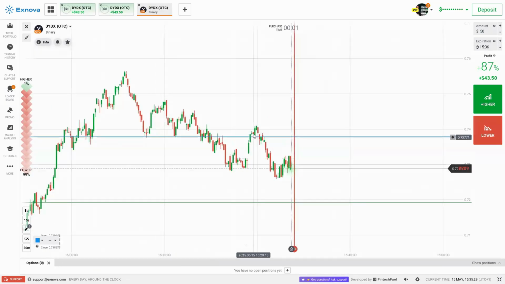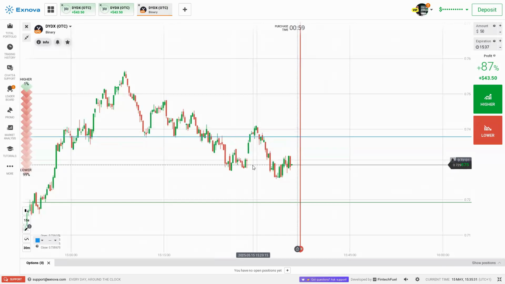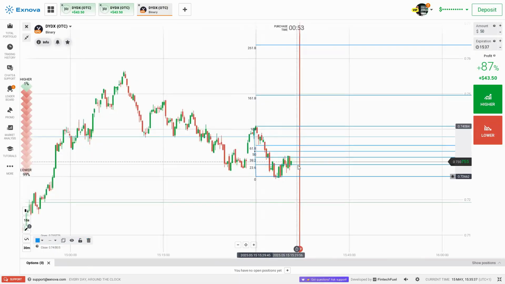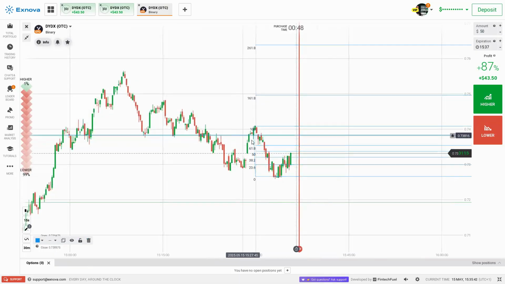That will be from here. Let me measure this one from here down to here. This is the 50% level. It would be nice to sell from that level again.